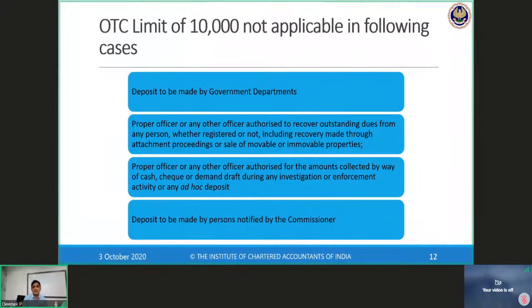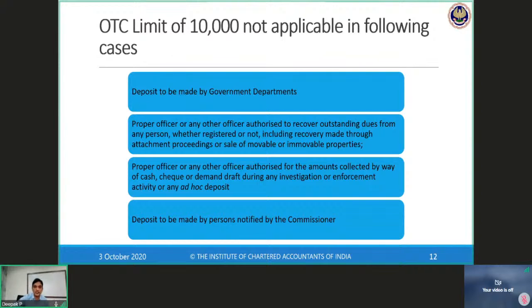But pre-case, before identification itself, if they have done any investigation or enforcement and found that there is a liability which is to be paid and this person will run away after the enforcement happens, during investigation and enforcement they can collect cash and check and deposit that to the portal through the offline transaction mode, wherein the amount can exceed 10,000 rupees also.